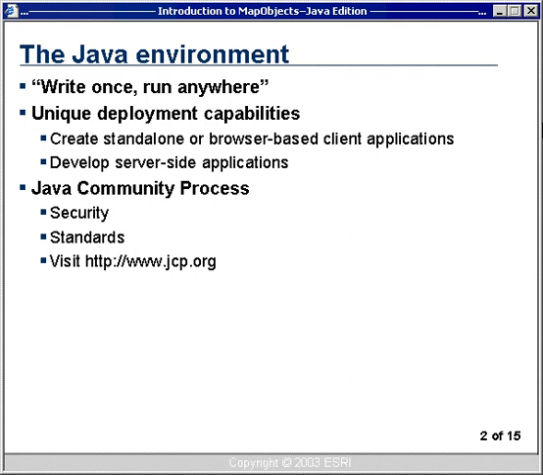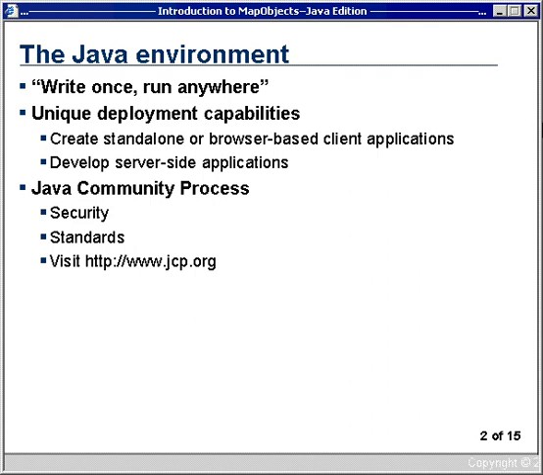Java has also set new standards for Internet deployments. Using Java 2 Standard Edition, you're able to create standalone or browser-based client applications. Using Java 2 Enterprise Edition, you're able to develop server-side applications as well as write applications for consumer devices. The Java Community Process is an open organization of international developers that create and revise Java specifications.